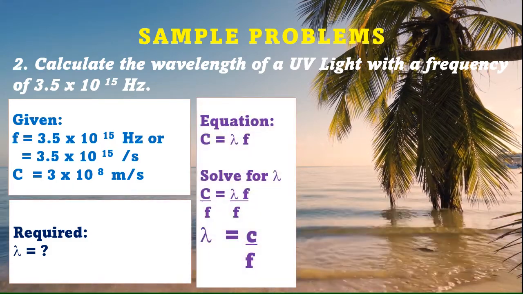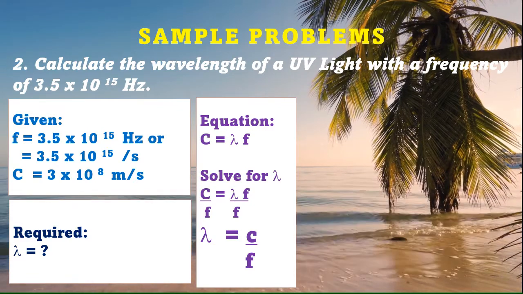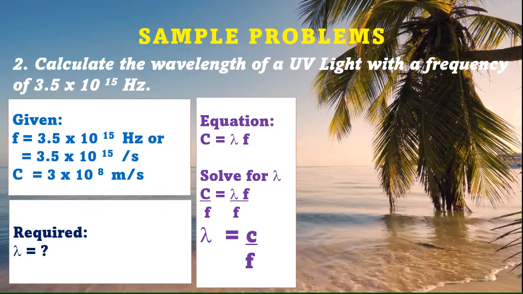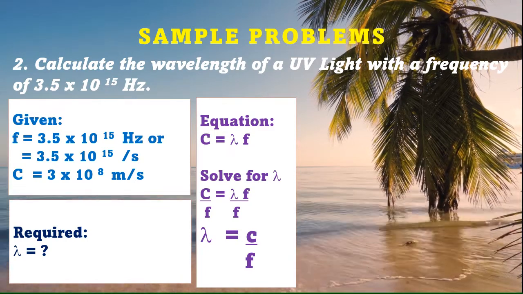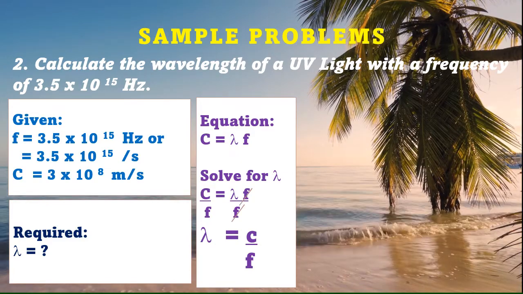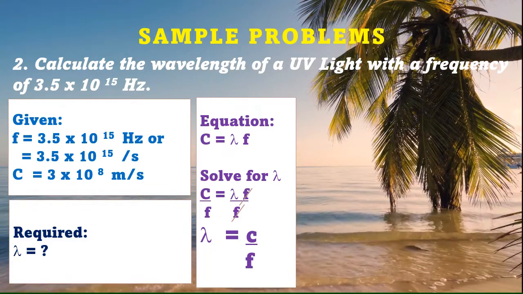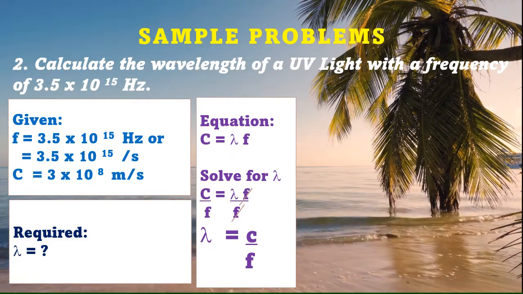For our equation, based on our original equation, c is equal to lambda times f, we can solve for lambda, or the wavelength, by dividing both sides of the equation by f. We can cancel f on the other side of the equation. The equation now becomes wavelength is equal to the speed divided by the frequency.